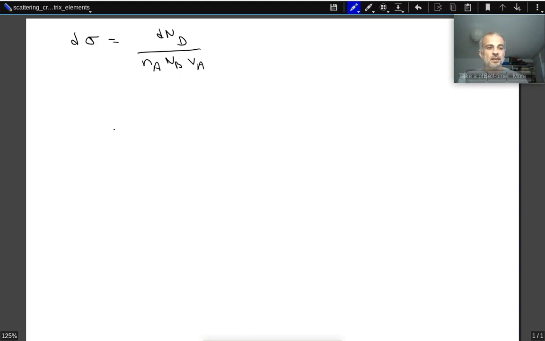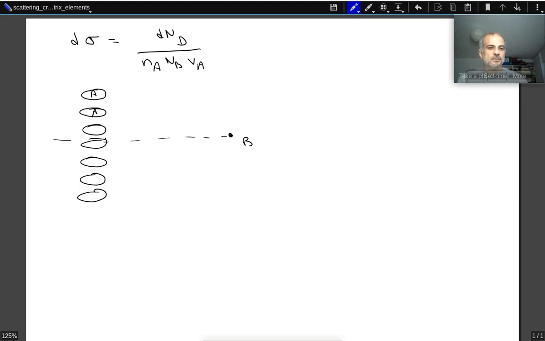field theory. Now what we will be looking at is, let's say that we have some target, and this is B. We will be sending some wave packets representing our A particles.